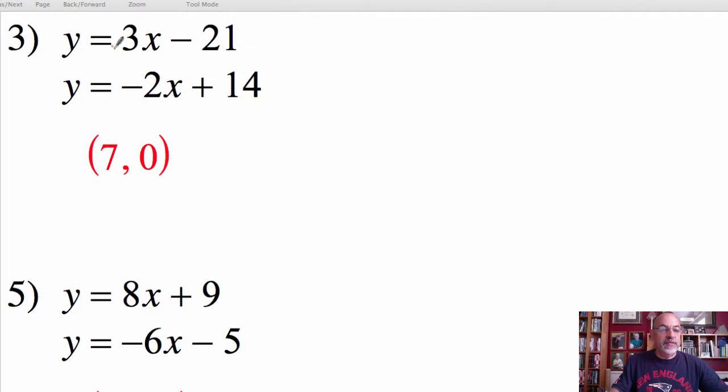Again, in my system I have the letter y solved for in both equations, so the equal sign communicates that I can substitute the expression on the right in for the letter y. So I'm going to go ahead and continue and just put this first one in here. So substituting this expression 3x minus 21 in for the letter y here, I then have my equal sign, and then I have the expression on the right.